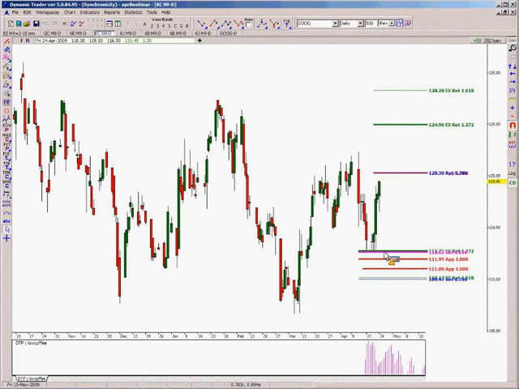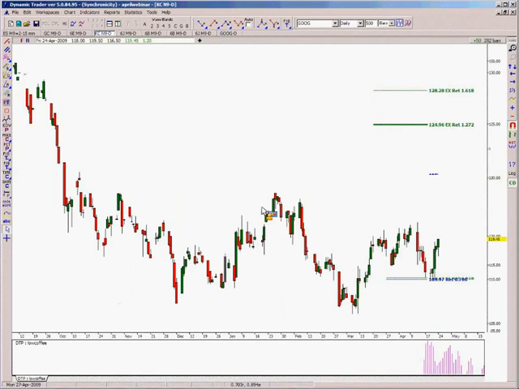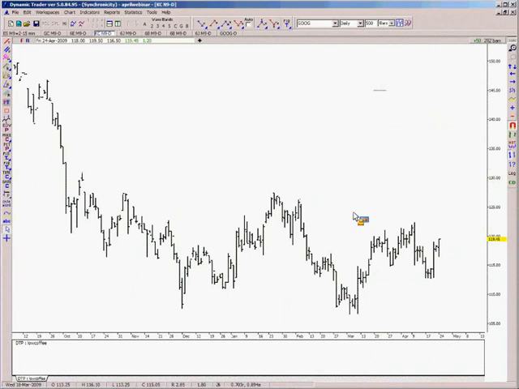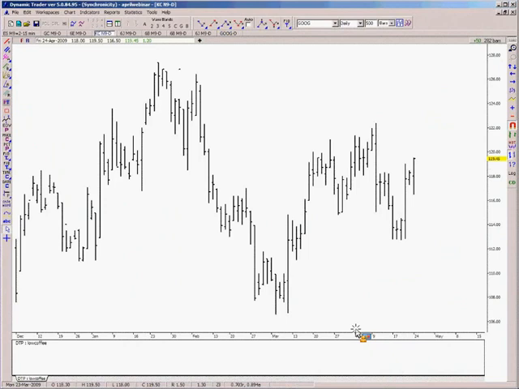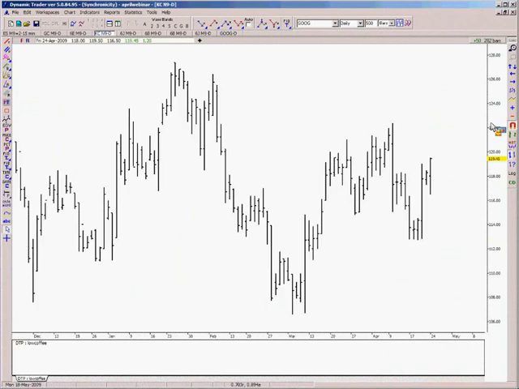Okay, so here, what I'm going to do is just erase it like an Etch A Sketch and start over. I usually like to do the analysis on the regular price bars rather than the candlesticks, because I want to make sure that I'm catching the right highs and lows when I do the analysis.